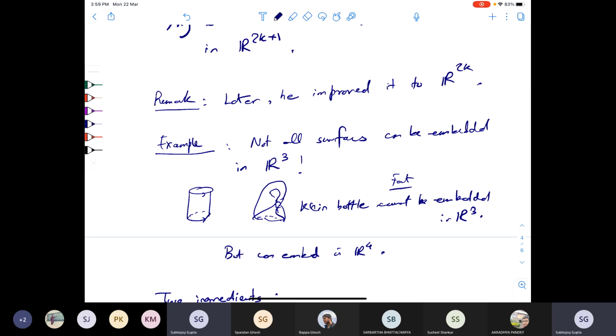In R4, you see this picture, but you have one more direction to push along, so you can push it along that dimension to make sure that this intersection that was happening here doesn't happen anymore.